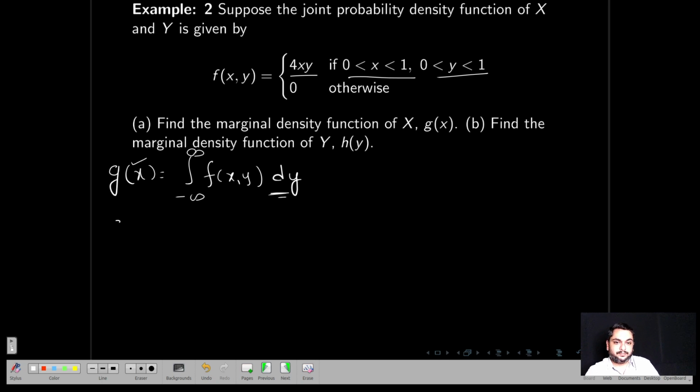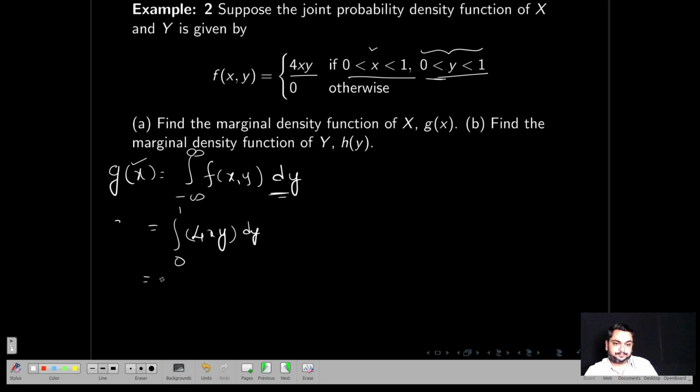So g of x is equal to, they have given the interval. What is the interval you are integrating over? This one, not this. Please be careful, because x is fixed. So it will be 0 to 1, f of x comma y dy, which is given as 4xy dy.